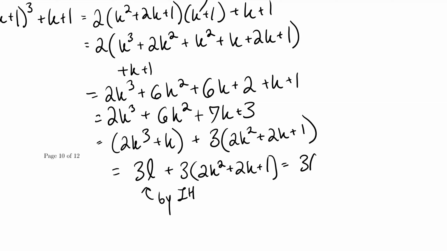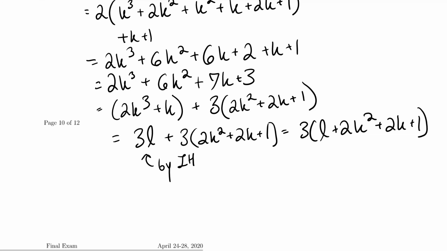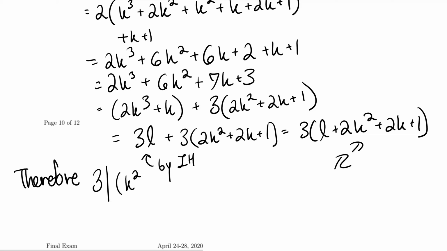This equals 3 times some giant, which is in the integers. Therefore, you might want to make a statement like since k and L are integers, then that's an integer, but that's okay. Therefore, 3 divides 2(k plus 1) cubed plus (k plus 1).